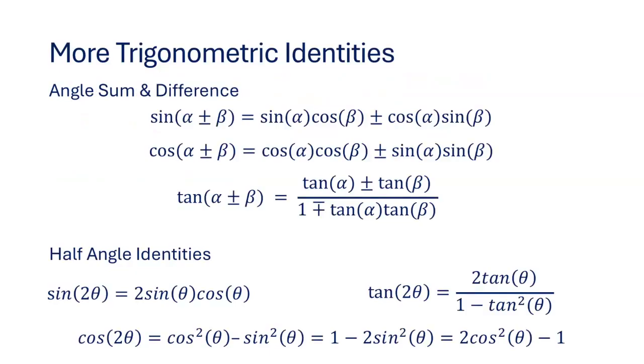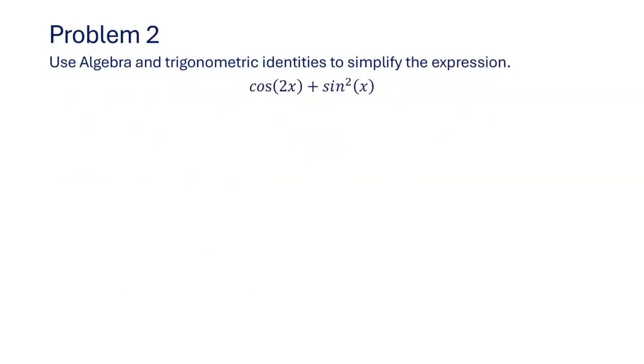Okay, so here we have some more trig identities that we're going to use for some problems later. So to simplify this expression, the first thing I'm looking at is we have a cosine of 2x, but we probably want that to just have an x. So one thing we can use is one of our half angle identities that was on the previous slide.